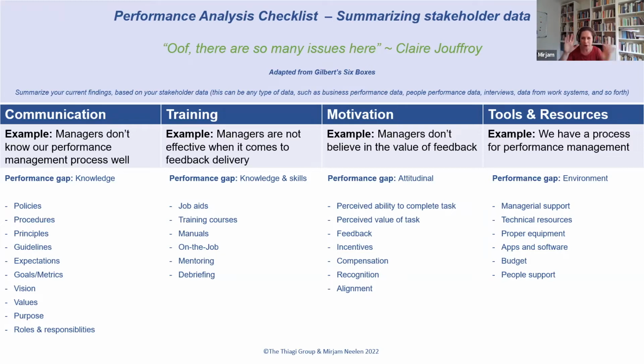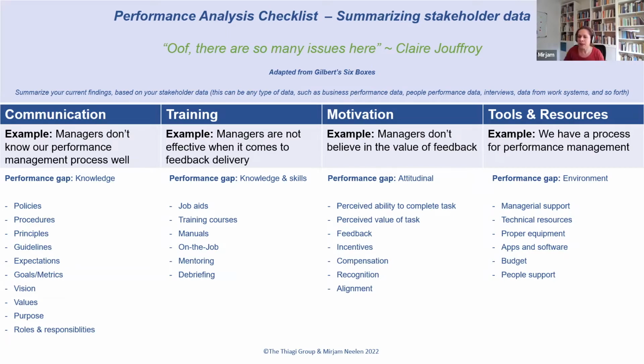For everybody to be aware of that, he's using that as an example in the video. But when we zoom out again, just to be aware that you can use the 4 boxes for any performance issue, right? So the video was an example. I gave one example for each box here.